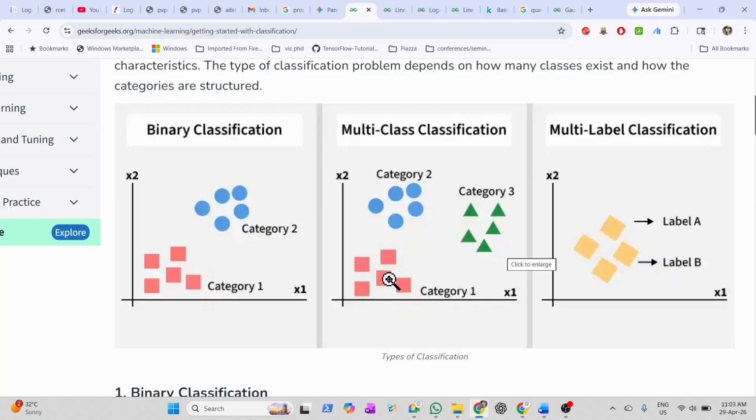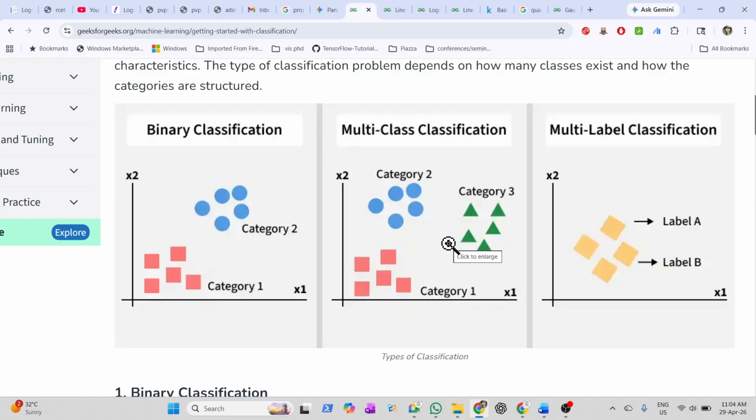So we have squares, circles and triangles. So these are three different categories. An example of this can be the weather forecast: will it be sunny, rainy or windy. These are three classes. One class is sunny, second class is rainy, third class is windy.